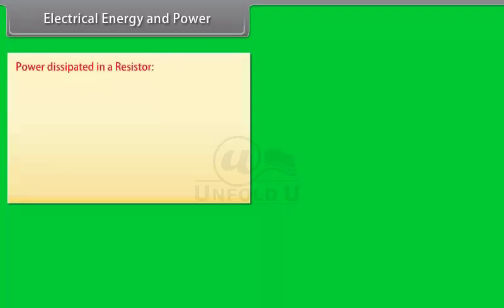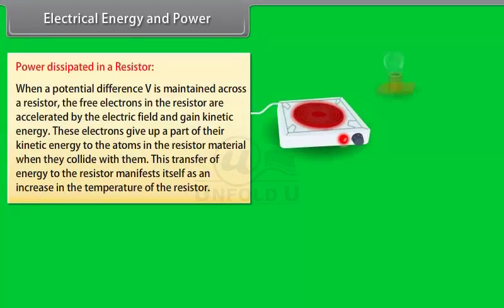Power dissipated in a resistor. When a potential difference V is maintained across a resistor, the free electrons in the resistor are accelerated by the electric field and gain kinetic energy. These electrons give up a part of their kinetic energy to the atoms in the resistor material when they collide with them.